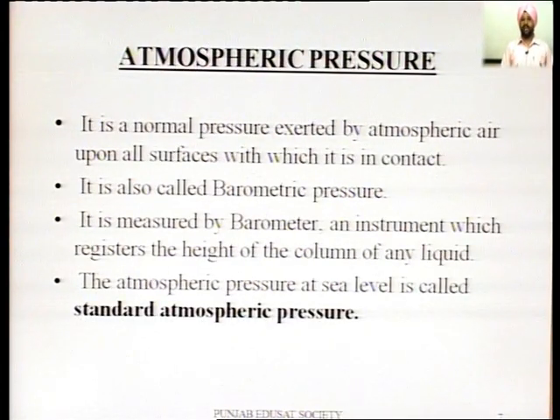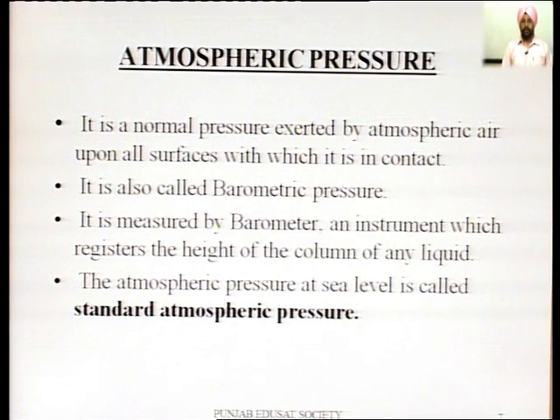Moving to the types of pressures, the first one is atmospheric pressure. Atmospheric pressure is the normal pressure exerted by atmospheric air upon all the surfaces with which it is in contact.